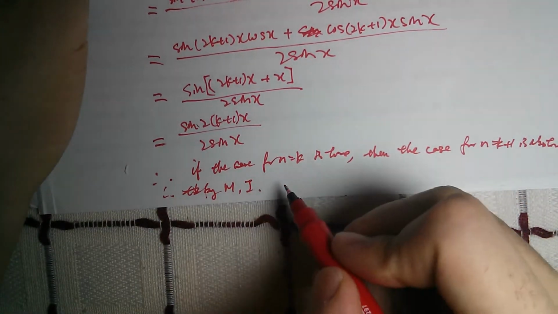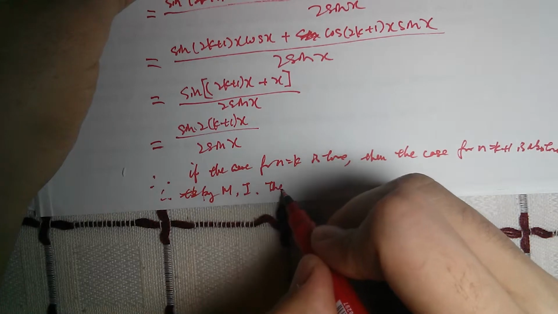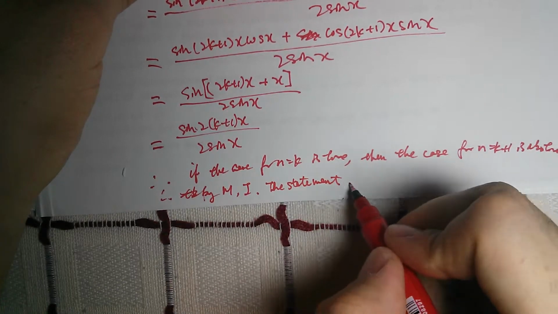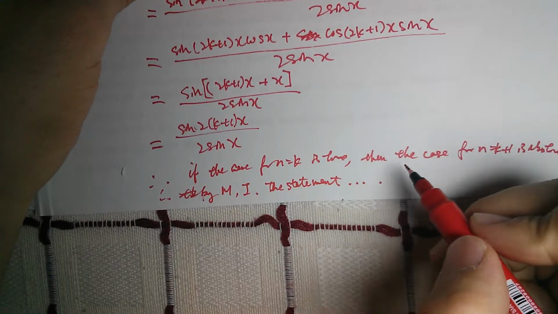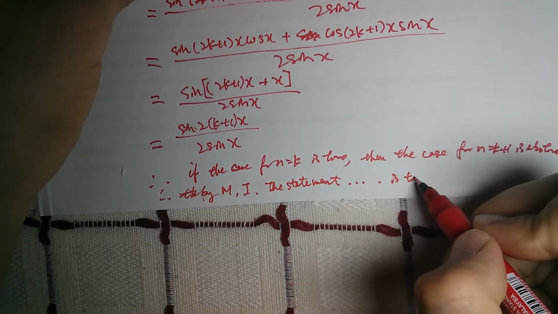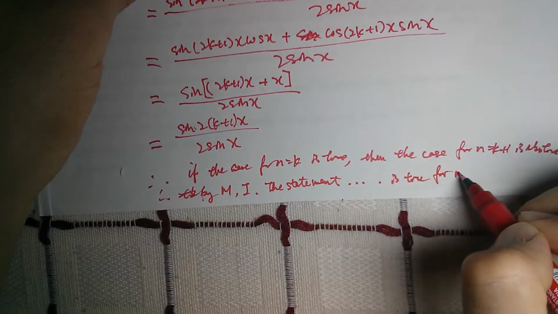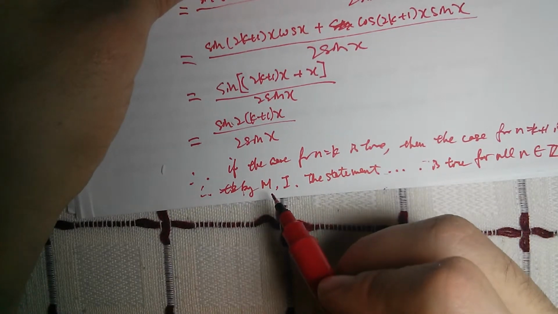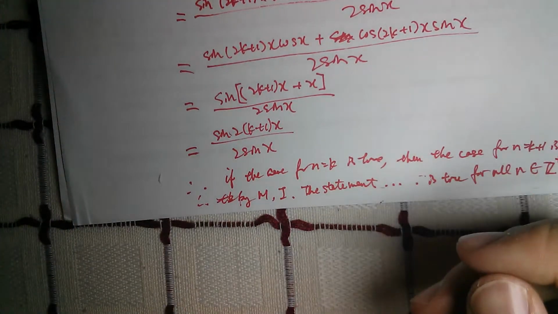By mathematical induction, the statement, here's where you should copy the whole thing. Copy the question, the statement is true for all n being positive integers. Spell out mathematical induction. And that's it. That's part B.